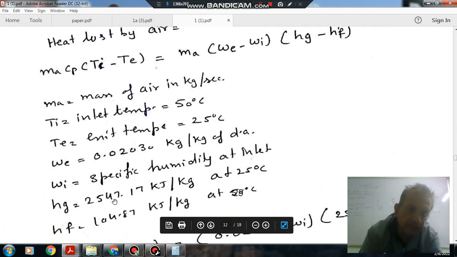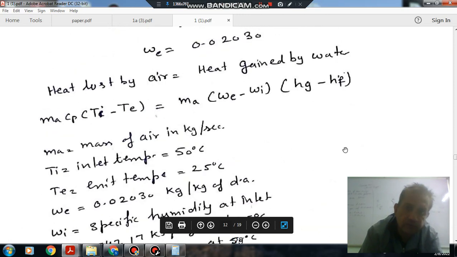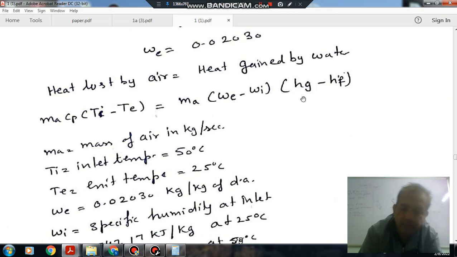And finally the water becomes vapor. So at 25 degrees Celsius, Hg is this. So this much heat is added to liquid water so that it becomes water vapor.